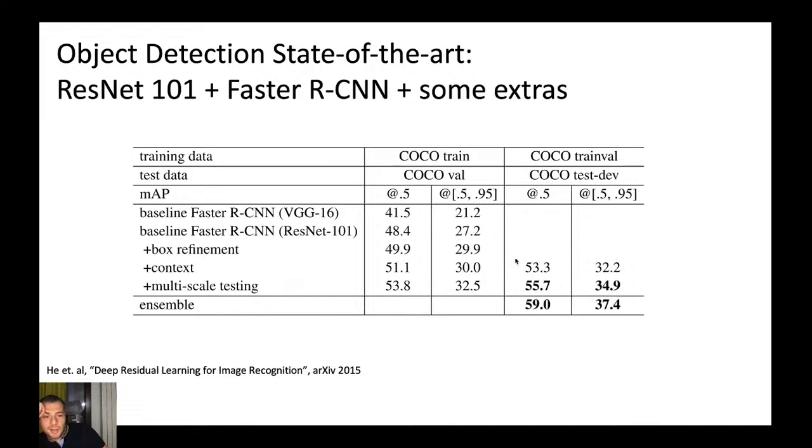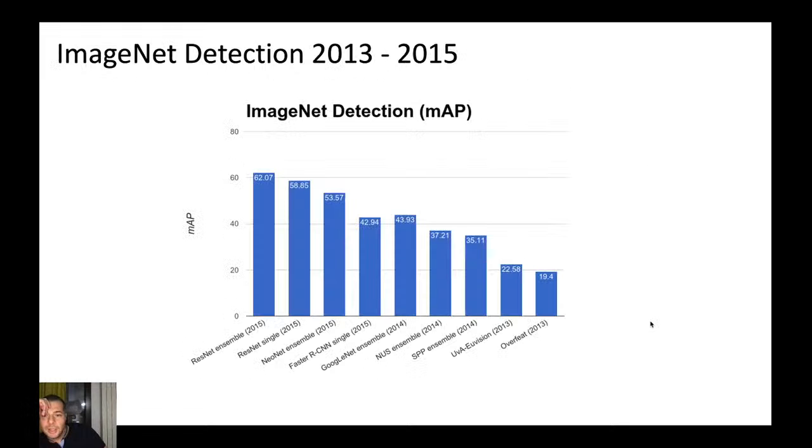The Faster RCNN has an mAP of almost 60% for the intersection over union at 0.5, and for intersection over union between 0.5 and 0.95, it's lower.